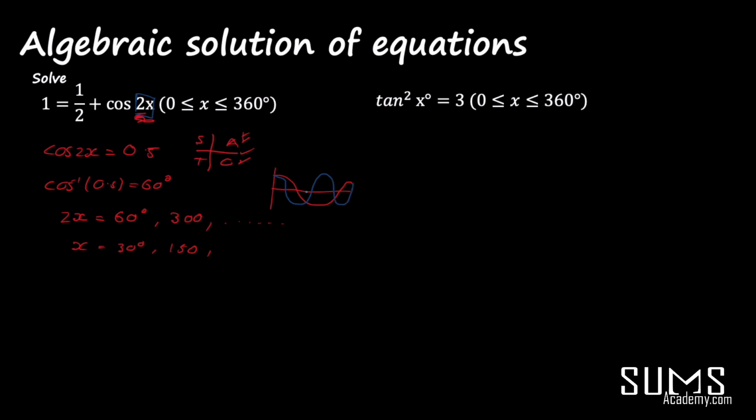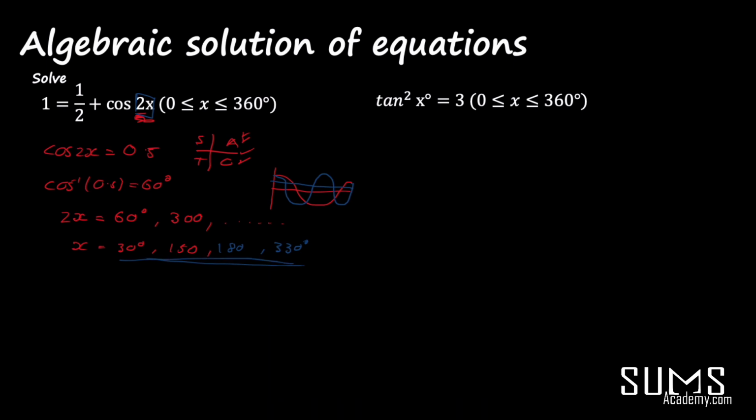So you're going to have two waves, so this is going to hit at multiple points, right? So what you want to do is add 180 to this. That becomes 30 plus 180, which is 210, and then plus another 180 to the 150 is going to be 330. Okay, so there are your 4 values for here.